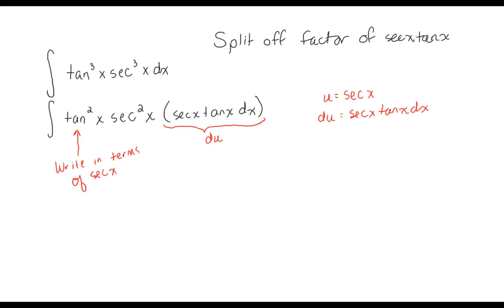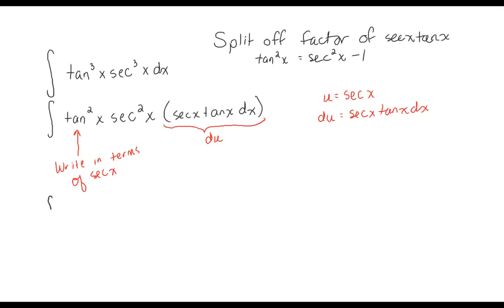I can do that because I know that tangent squared x is secant squared x minus 1. So I'm just using a modified form of that identity.